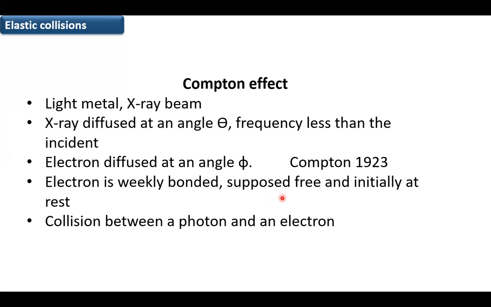So with respect to an X-ray that is coming from far away with respect to the atom, the X-ray will see the electron as if it was rotating around itself in the same position. So it's like an electron approximately at rest. So this is an elastic collision between a photon and an electron.